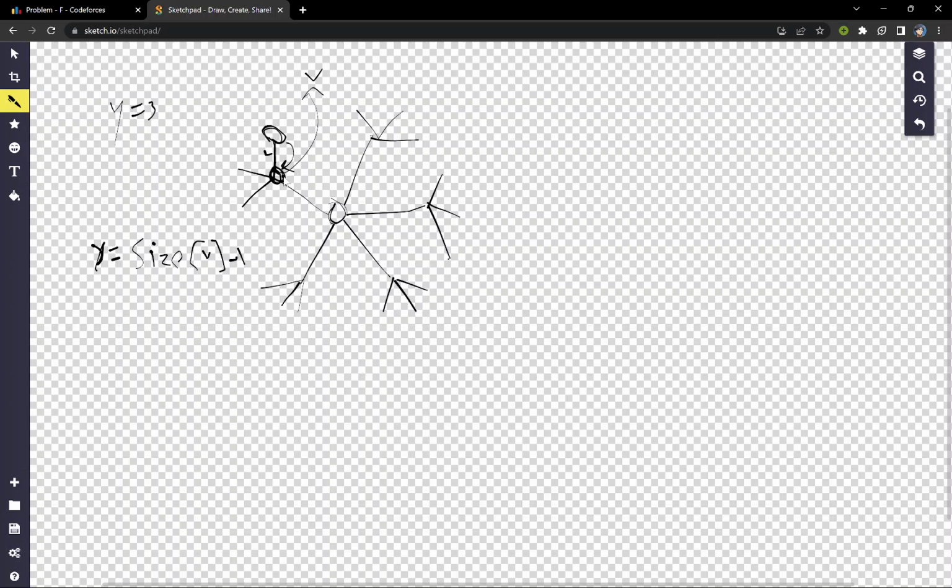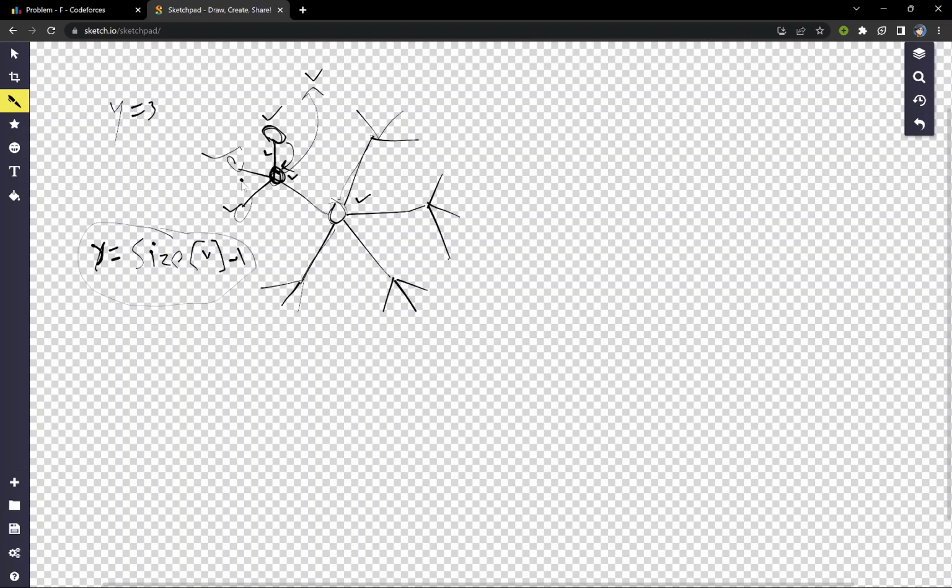Right, we can get the value of y from the number of neighbors of this node, and for getting the value of x we have to find the total number of neighbors of the central node. So for that we find all the neighbors of v. The number of neighbors here is 4, but only the central vertex, which is a neighbor of vertex v, is not a leaf node.